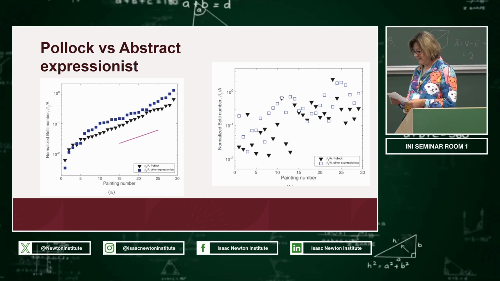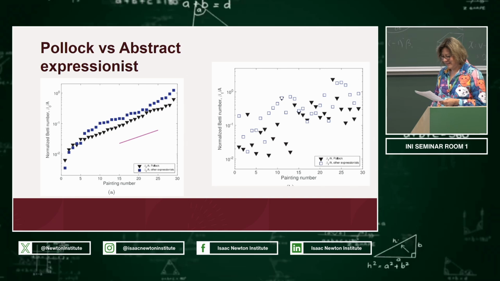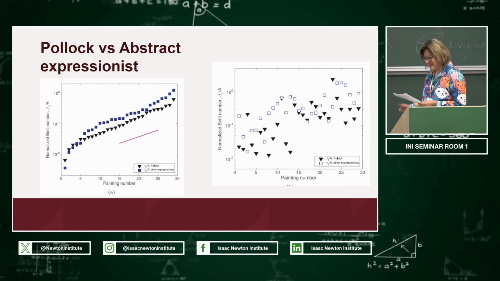Does it matter that we are comparing only Pollock's works with different artists, given that they have different styles and compositions? Perhaps the answer is yes. When considering different artists, each may have different features that lead to this scattering result.